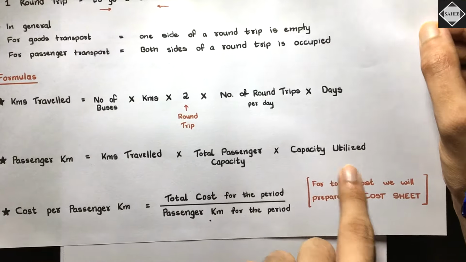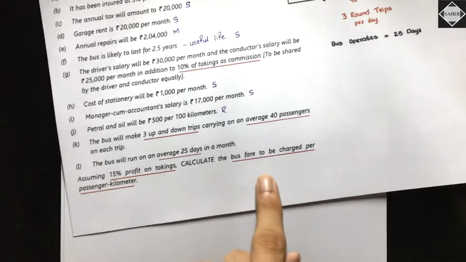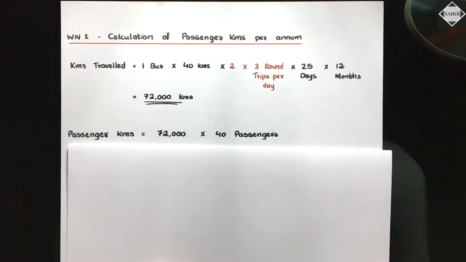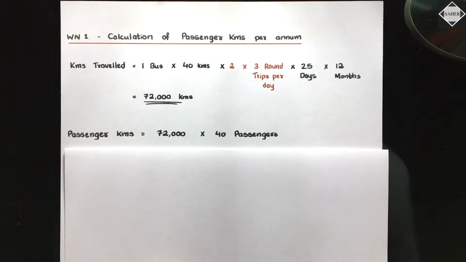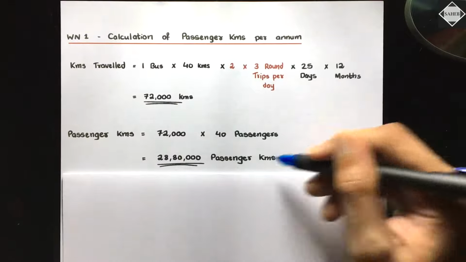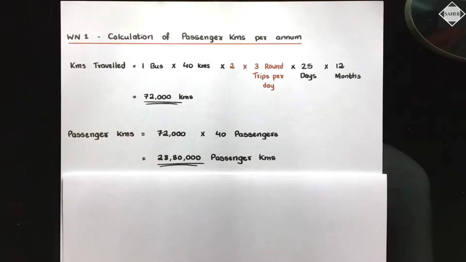But here the question directly told us that on an average we take 40 passengers, so directly into 40 we will do. See here, 72,000 kilometers into 40 passengers, that is equal to 28,80,000 passenger kilometers. This is our denominator. Do you understand this? Simple, easy, right?